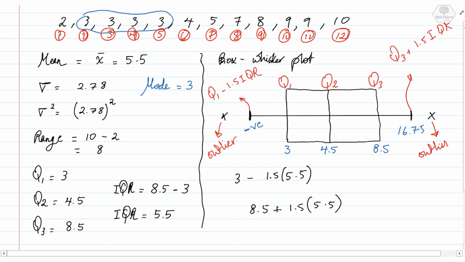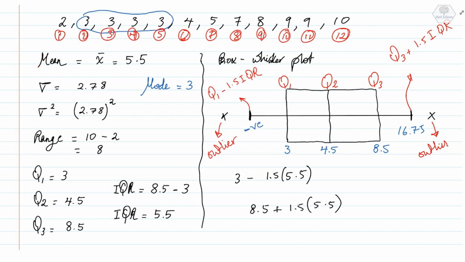Another way is that we can group this data. We call it a grouped frequency table. Each piece of data we put in a column, and the other column is the frequency of recurrence of this data. We can visualize this data in another form, which is a grouped frequency table.